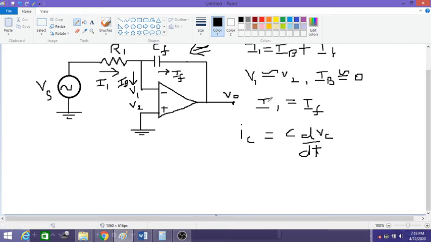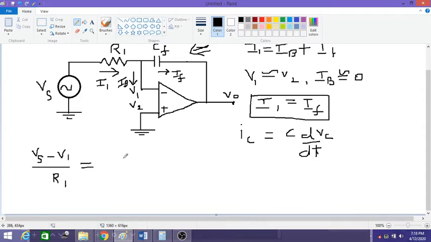Now let us apply the node voltage analysis for this equation, that is I1 equals IF. I1 can be defined as the potential difference across the resistance R1, so that is (Vs minus V1) by R1, and this is equal to IF, which can be defined again as the potential difference across this.